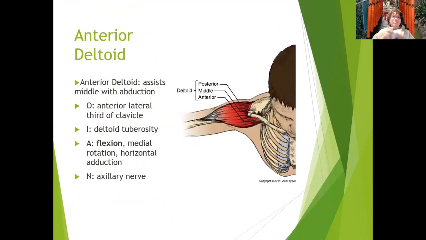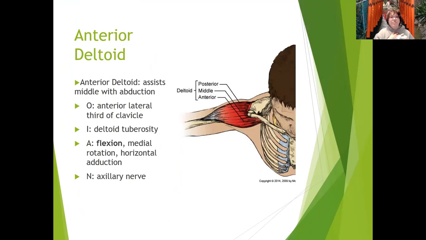The anterior deltoid assists the middle deltoid with abduction. The deltoid is, not surprising from its name, a triangular muscle. It has a broad attachment along the clavicle and scapula, and it tapers down to a small attachment on the deltoid tuberosity.